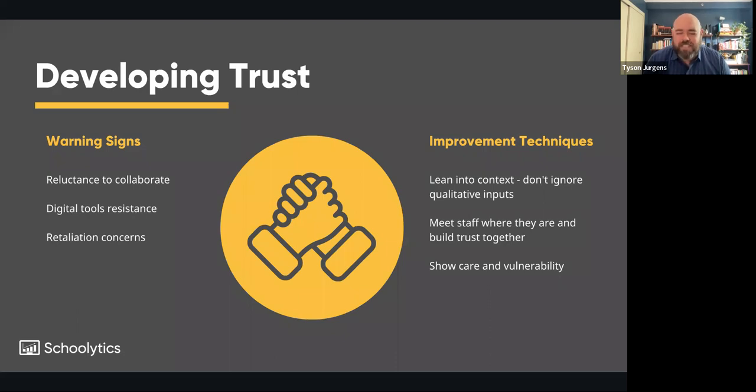And if I were to ask you, what might it look or sound like if a school had a trust problem when it comes to their data culture? What are some things that would come to mind to you? What are some of those ooh, red flags? I think that, so I've been there in the back to school meeting, and your admin is bringing all the tools that you're going to use that year, and they're setting the targets.